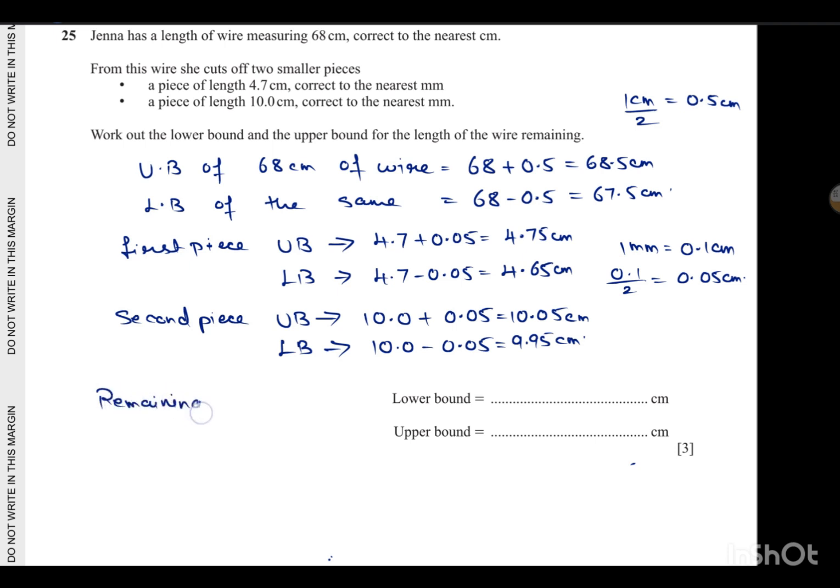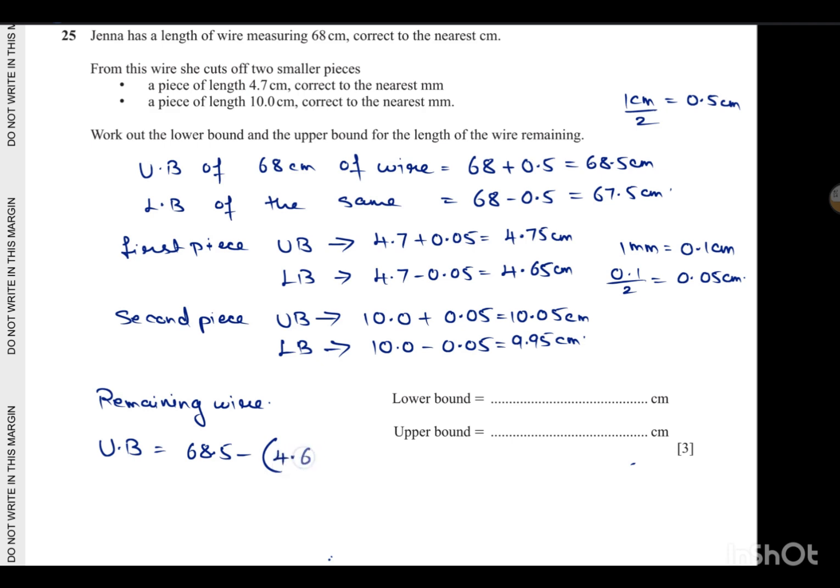So when you are finding the remaining wire, you have to be very careful. To get the upper bound of the remaining wire, we will have to take the upper bound of the original wire, minus the sum of the lower bounds of the pieces they have cut. So the upper bound is 68.5 minus, what are the lower bounds of the pieces?